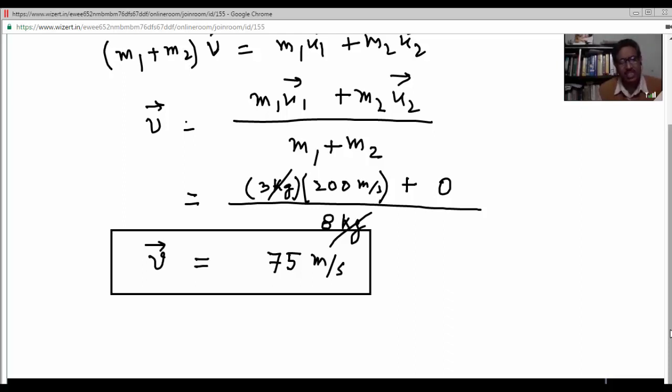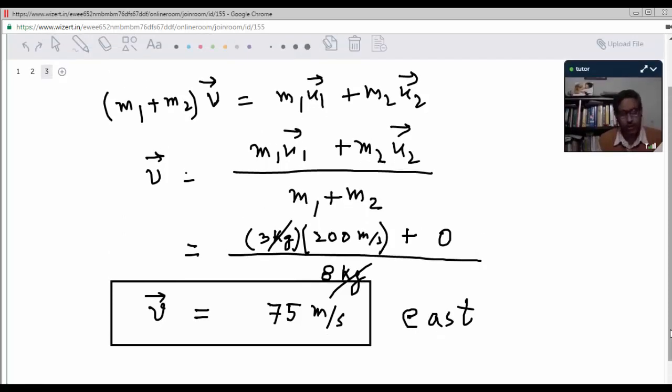As it remains positive, we can say this is also a motion towards east. If we would get a negative value, which we haven't got here, we could say that the motion is towards the west direction.